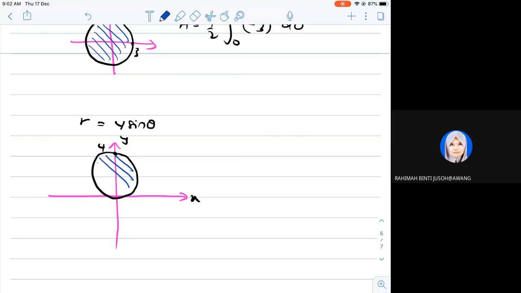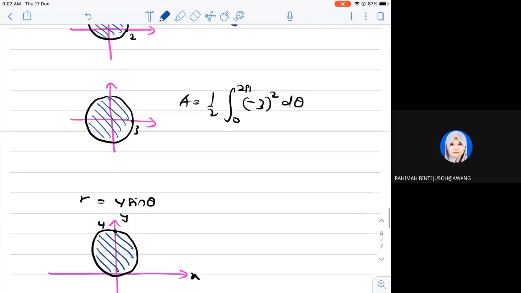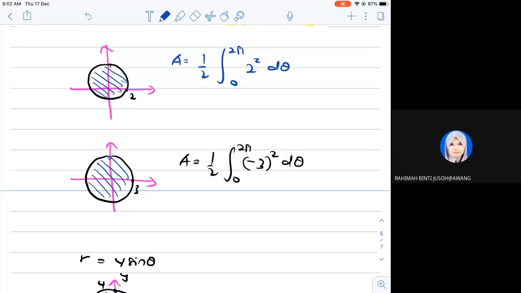Okay, you need to be careful, guys. For the previous two questions, we consider angle from 0 until 2 pi because the radius is a complete circle, covering all quadrants: first quadrant, second quadrant, third quadrant, and fourth quadrant as well.